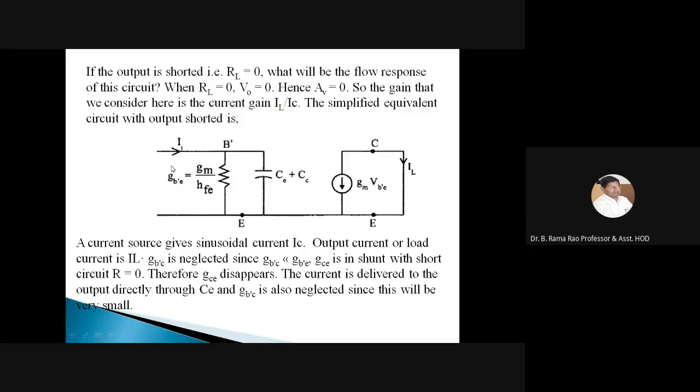IL is associated with VB'E, and we can obtain an expression for VB'E under the short circuit condition, which gives the value of A. Rewriting this equation, we finally obtain Ai in terms of the beta cutoff frequency.